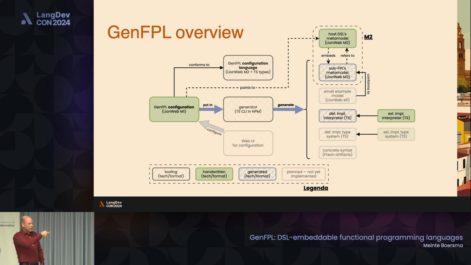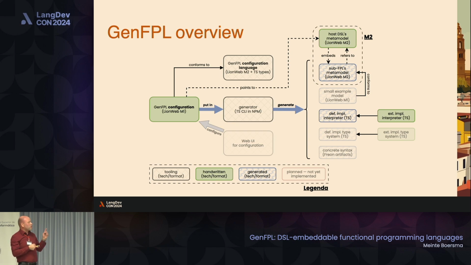And what is also, at least at the moment, implemented or generated, should I say hallucinated maybe, to avoid confusion, is a default interpreter implementation, and you can extend that. I intend to also generate a default type system implementation.